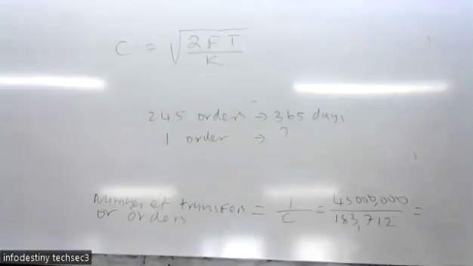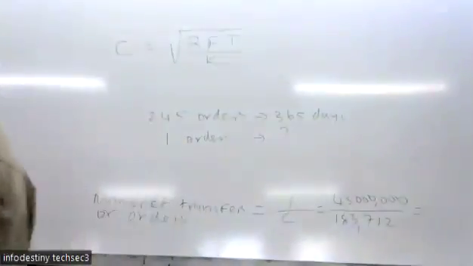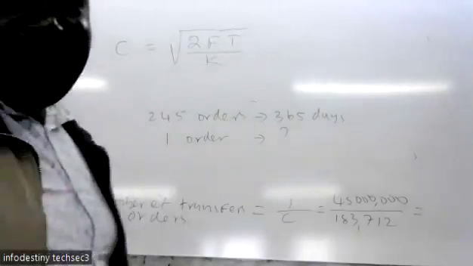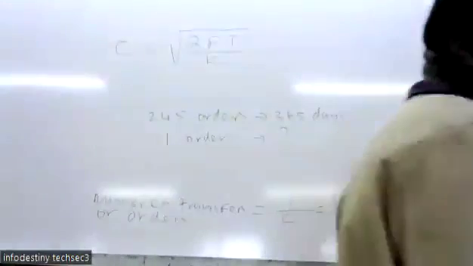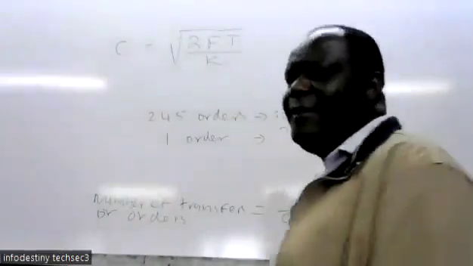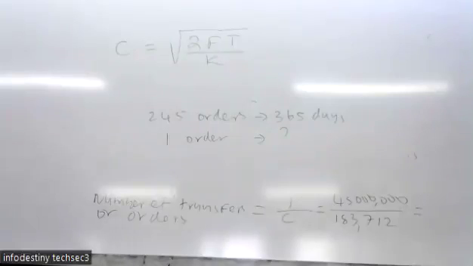The days you don't round them off. Orders are the ones you round off, because the days can be expressed in seconds, minutes, and hours. At least you use the seconds, minutes, or hours.